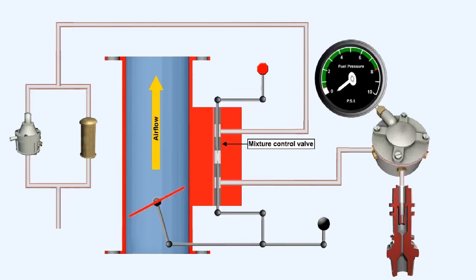The mixture control valve can also be closed off completely, thus acting as the idle cut-off control. The second of the two valves which control the fuel flow into the engine, the fuel metering valve, is mechanically connected to the throttle butterfly. It controls the flow of fuel coming from the mixture control valve according to the position of the throttle butterfly. Thus, fuel flow to the manifold valve, and subsequently the injectors, is proportioned to airflow.